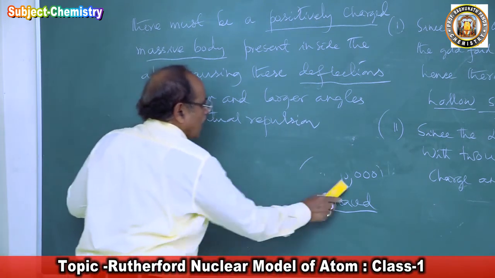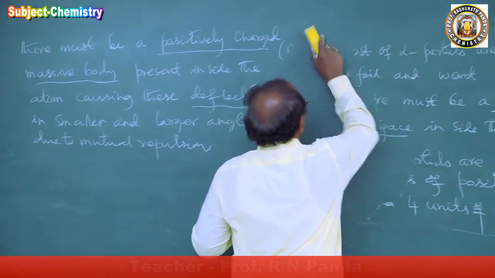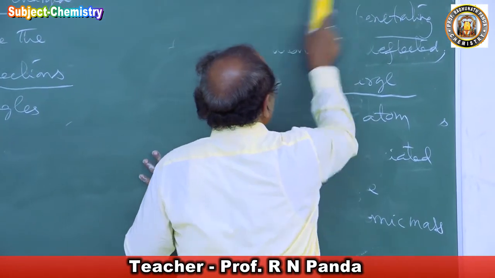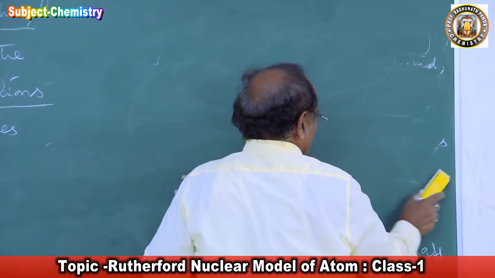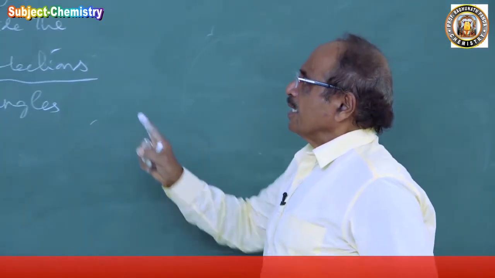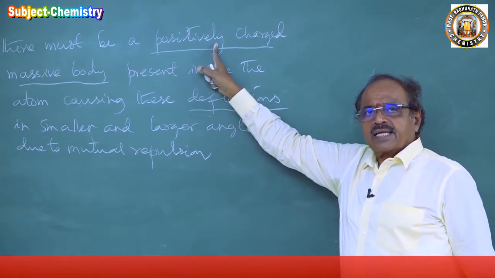So he says, since alpha particles associated with 2 units of positive charge and 4 units of atomic mass are undergoing deflection, there must be a positively charged massive body present inside the atom.